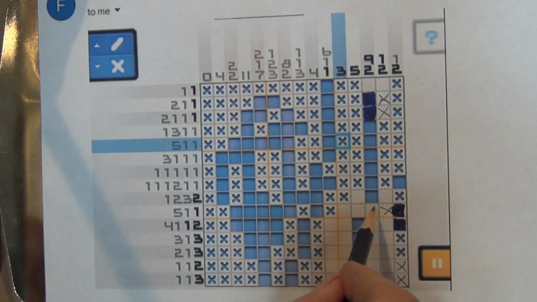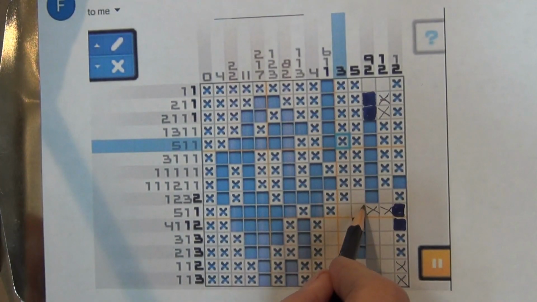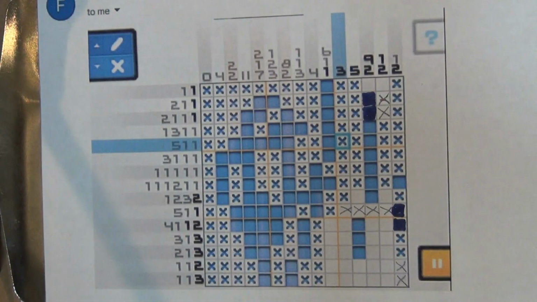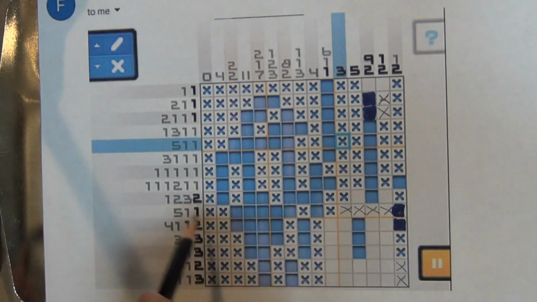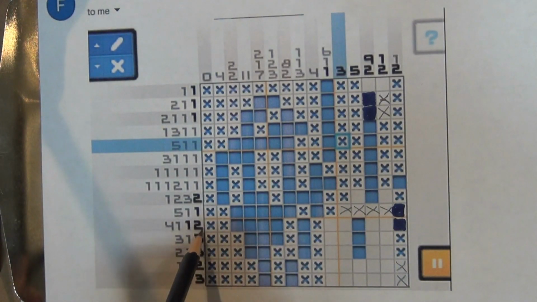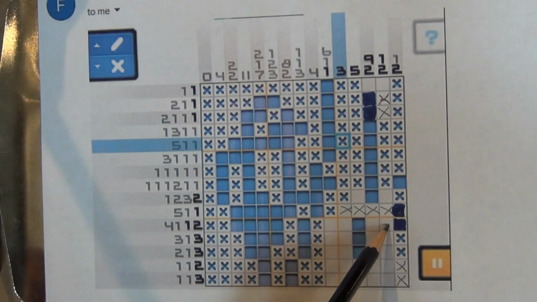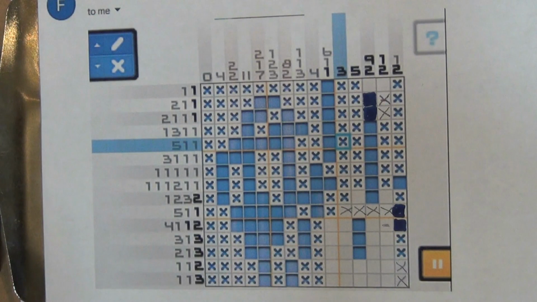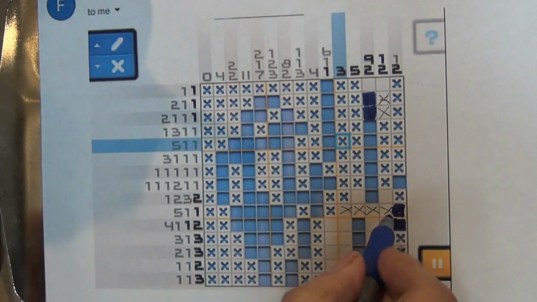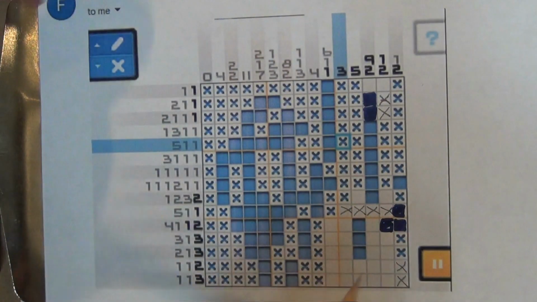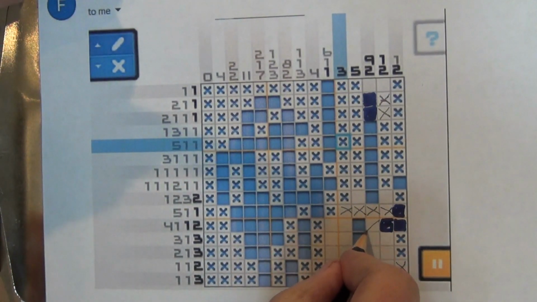So that means that's an X, that's an X, that's an X, that's an X. This was supposed to be 4, 1, 1, 2. That means this has to be filled in. And if that's there, this has to be an X.